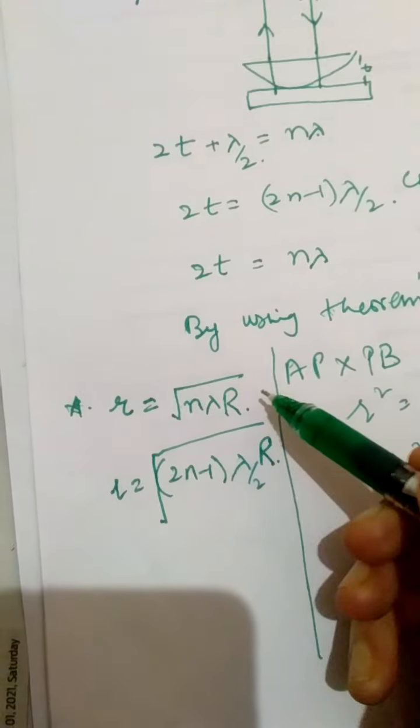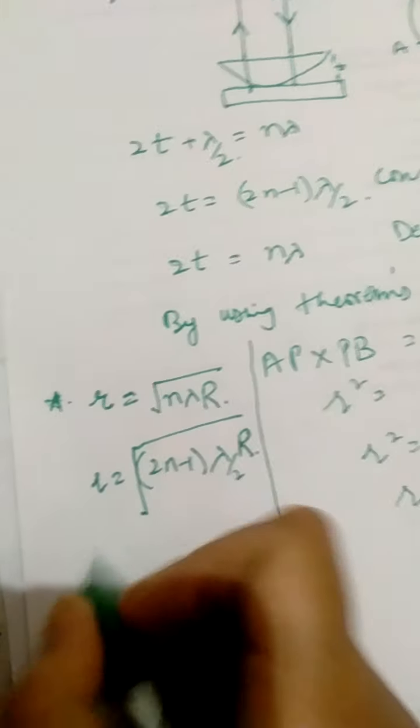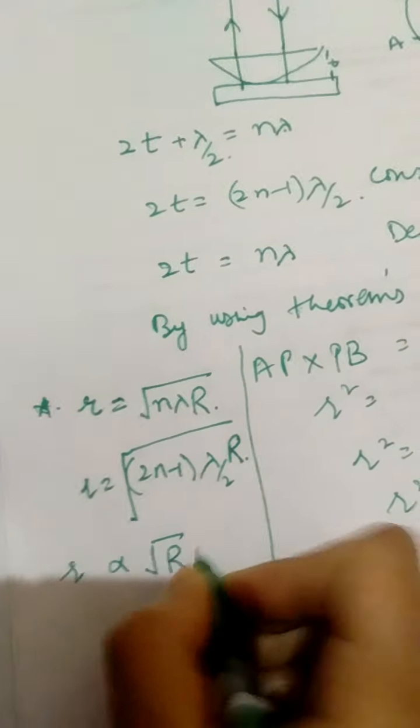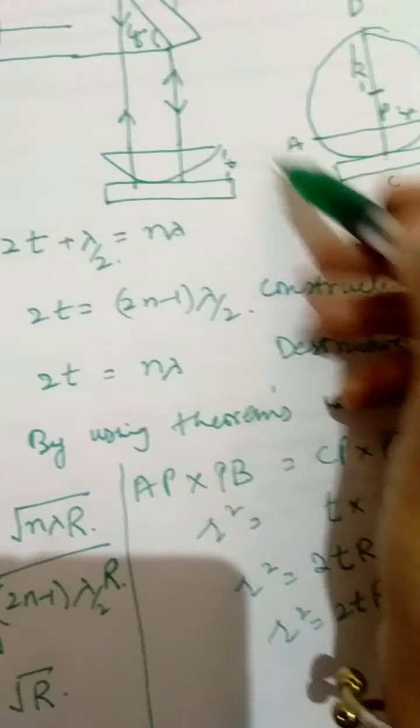In both the cases, whether it be the dark fringes or the bright fringes, we see that the radius of the fringe is proportional to the square root of the radius of curvature of the bigger circle, right?